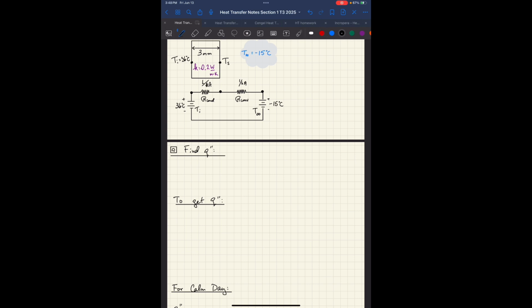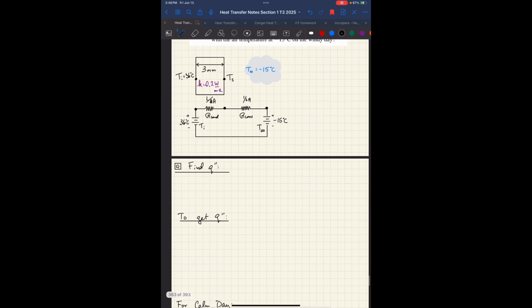The flux basically is represented by the current in this circuit. Maybe I'll draw it in red. So the current in this circuit is basically your Q. Now Q I know is not flux. Give me a second. So Q, your current, I can write as a voltage over the resistance. Now, let's think about it. What voltages do we know?